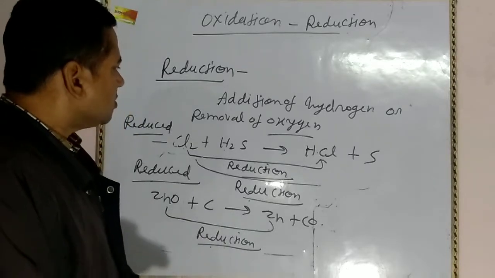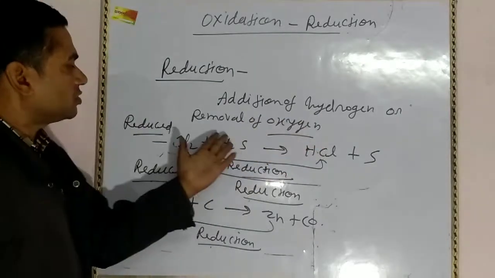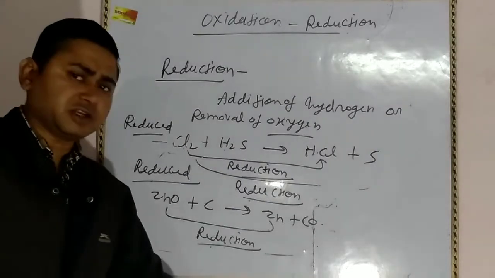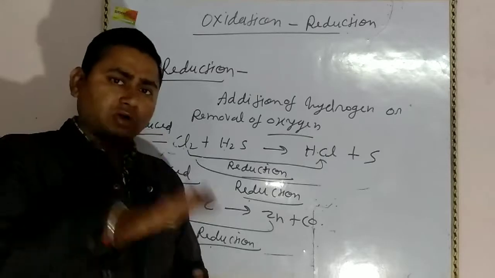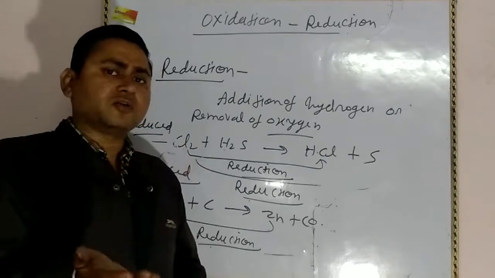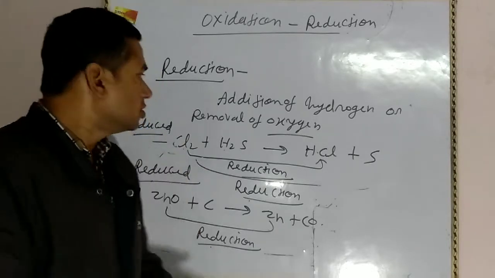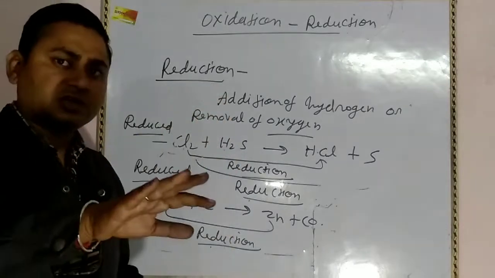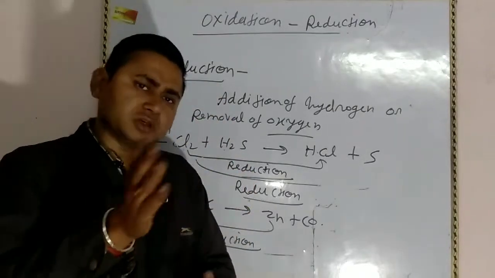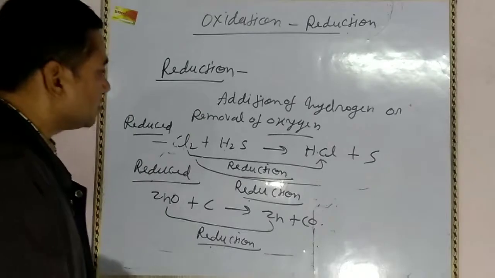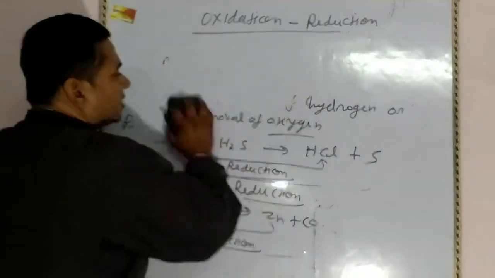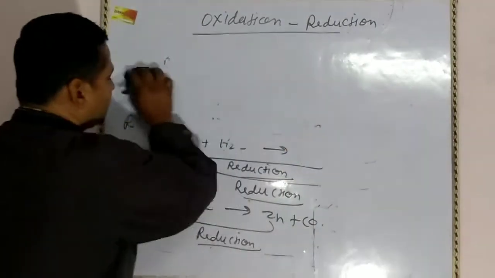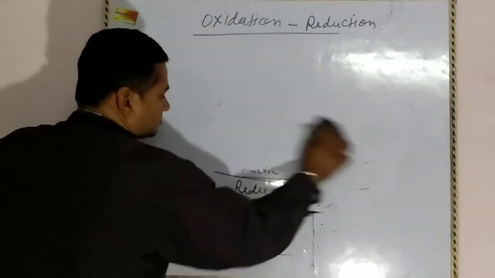In very simple terms, you see just addition of hydrogen and removal of oxygen in reduction, and opposite to reduction, addition of oxygen and removal of hydrogen in oxidation. So oxidation and reduction are opposite to each other. By this way you can identify which compound has been reduced and which compound has been oxidized.